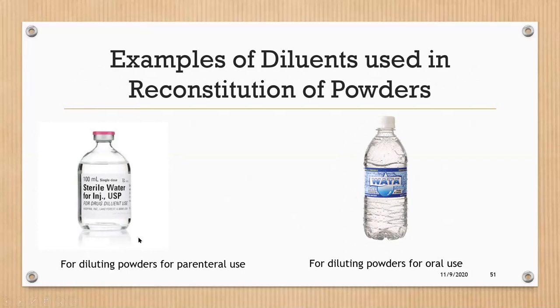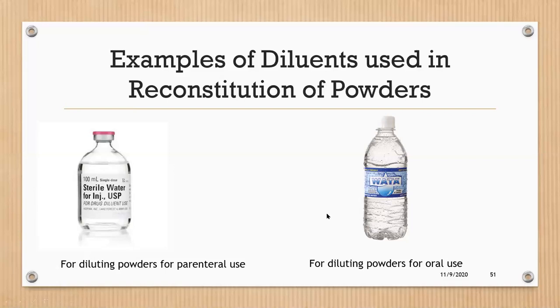You have to use something that's sterile, and sterile water is the diluent of choice. The diluent for oral preparations is usually purified water, and of course, normal bottled water is considered purified water, which is normally used in the pharmacies to reconstitute oral reconstituted powders.